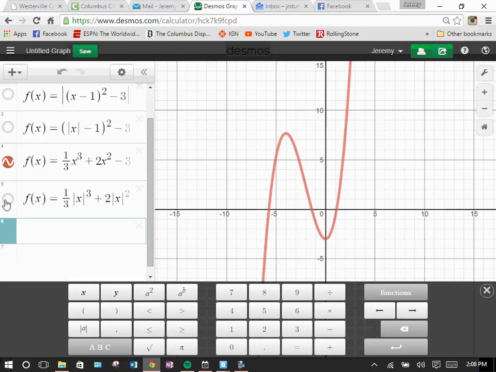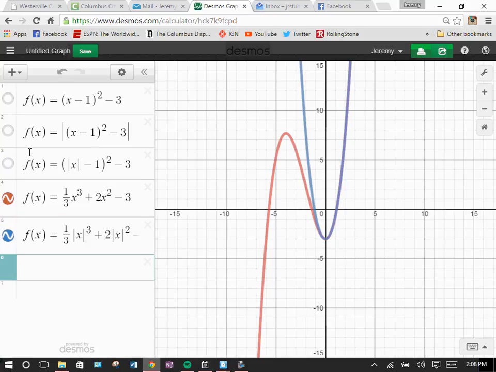So what should happen when I hit this button? What should this graph look like? Is any of this going to be over here? What's going to happen? The right side is going to do what? Reflect over what? The x-axis? The y-axis. Let's see if we're right.